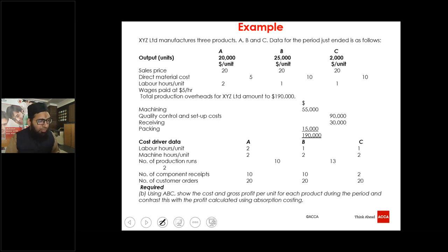So once again, we have to calculate the profit per unit just like the previous example, but the difference is that in the previous example we calculated the overhead based on absorption costing, whereas here we have been advised to calculate the overhead based on activity-based costing. So now please read the information, and then we will discuss it further.